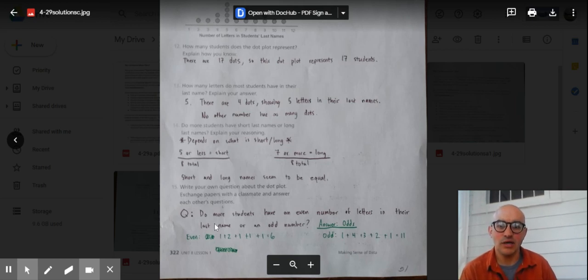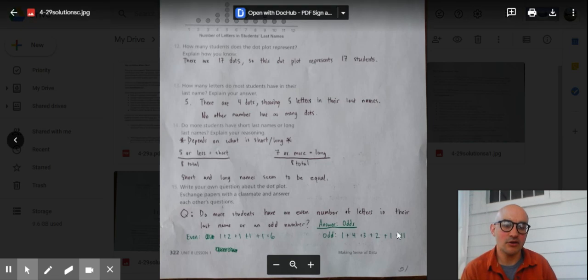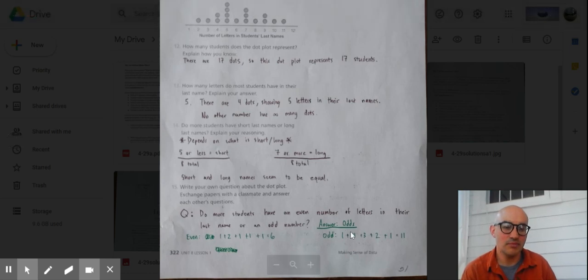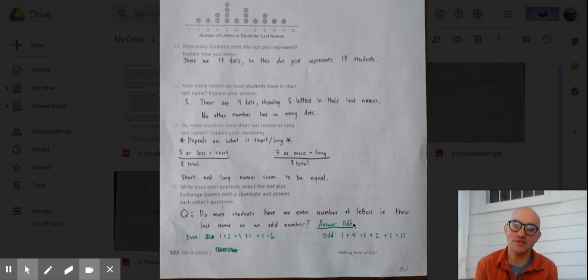There's 1 plus 2 plus 3, and there are 6 total students with an even number of letters in their last name. There are 11 total students with an odd number in their last name. So the answer to my question would be, there are a greater number of students with odd numbers in their last name. That would be the answer if I was to write it out in a complete sentence.